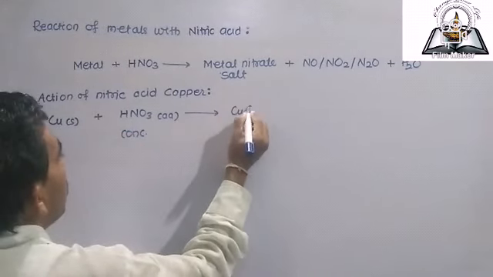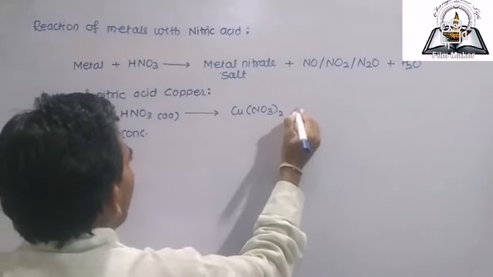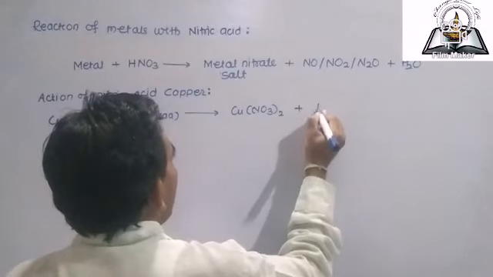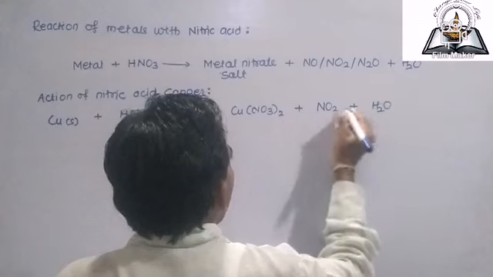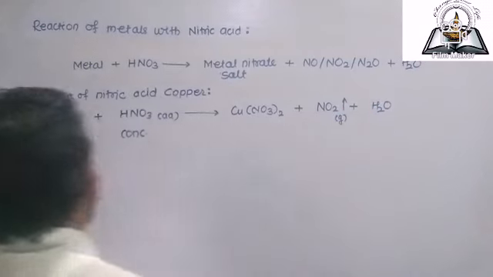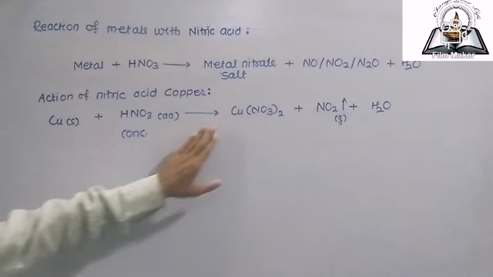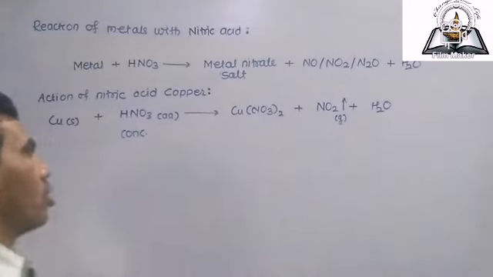converted to Cu(NO3)2 plus the next one is NO2. यहाँ पे NO2 गैस forms, with the liberation of water molecule. So here nitrogen dioxide is formed. So here copper reacts with nitric acid, gets converted to copper nitrate, nitrogen dioxide and H2O molecule is formed.